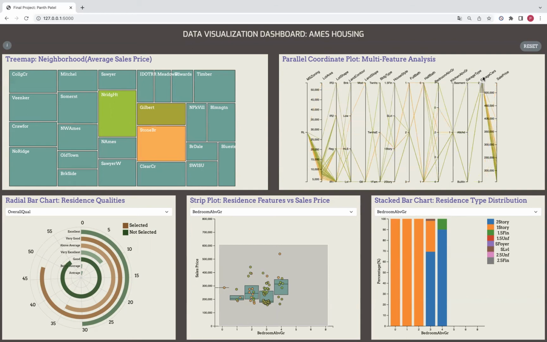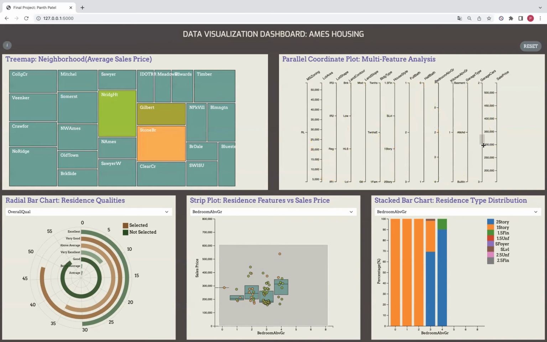So if we select garage size 2, most of the houses are below 300,000 USD sales price.